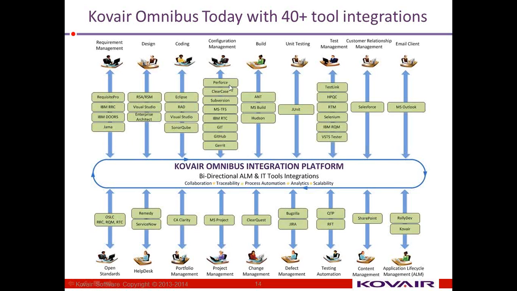For configuration management we have so many of them, I think it's probably 8 in number, starting from Perforce, ClearCase to Git, GitHub, and some other tools like Salesforce, MS Outlook, that is the email client we are discussing, and it also supports the IBM OSLC paradigm for connecting items, Clarity. So a lot of tools here, and help desk tools like Remedy, ServiceNow.